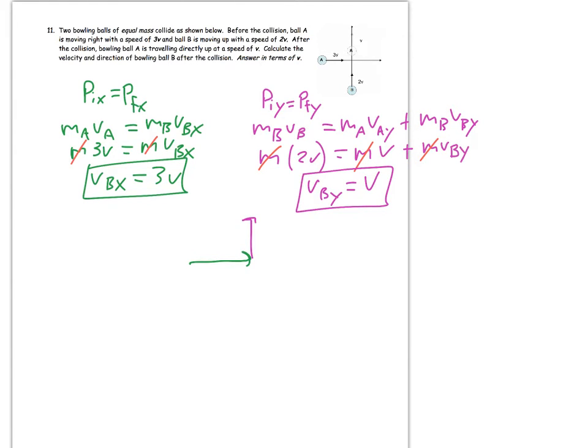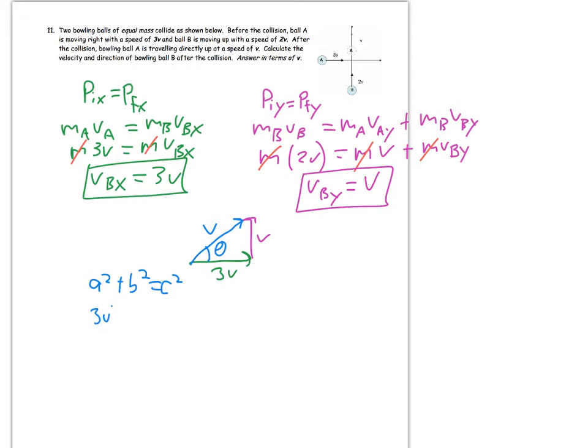I'm now going to combine those two components to get the overall magnitude of my velocity and the angle. I know that this x component is 3v and it's positive, so it's going to the right. My y component is v and it's also positive, so it's going up as well. So I can solve for that magnitude using the Pythagorean theorem. A squared plus b squared equals c squared.